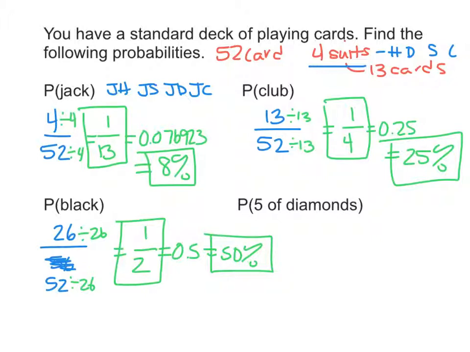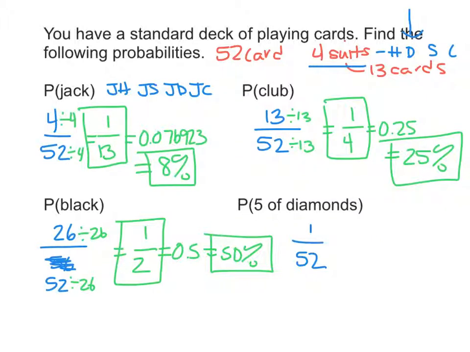All right, the last question is, what's the probability of getting the 5 of diamonds? Well, if you look up here again, there's 13 cards that are diamonds, but there's only one card of each type in each suit. So there's only one 5 of diamonds in the deck out of 52 total.